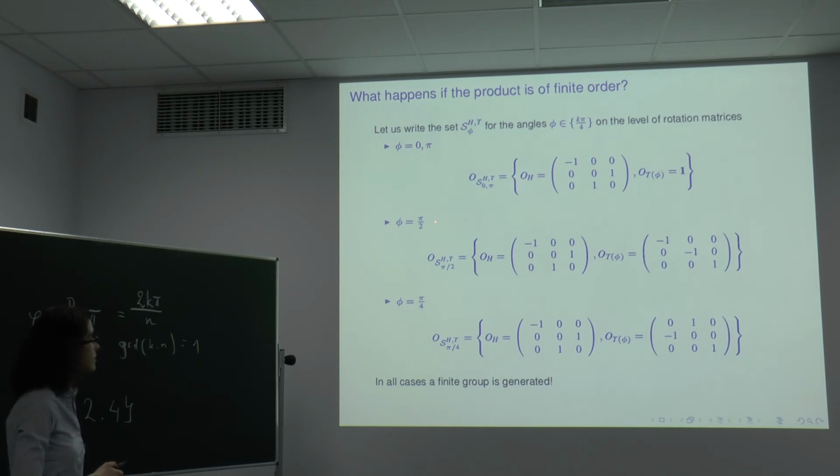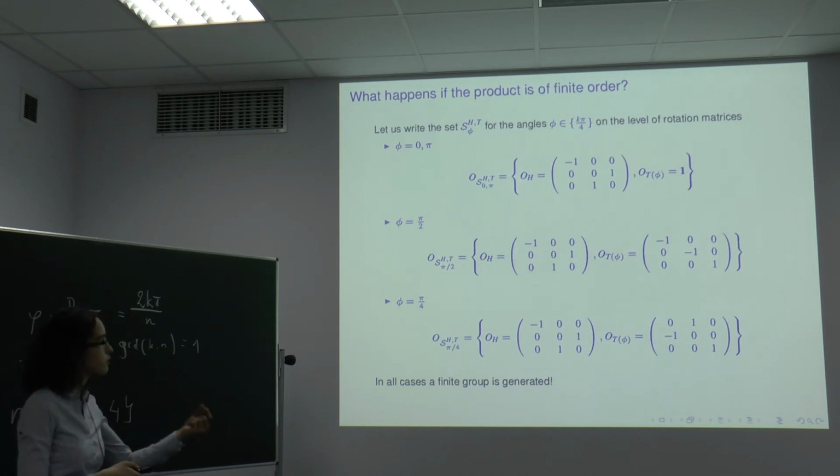If the angle phi is equal to pi divided by 2, the matrices are of this form, and if we start to multiply them and consider products of arbitrary length, we can see that we never obtain all possible rotation matrices.